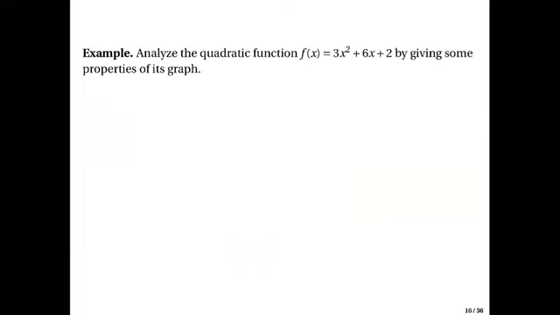Next problem here: analyze the quadratic function f of x equals 3x squared plus 6x plus 2 by giving some properties of its graph. So just like in the previous example, we start with a, which is equal to positive 3.